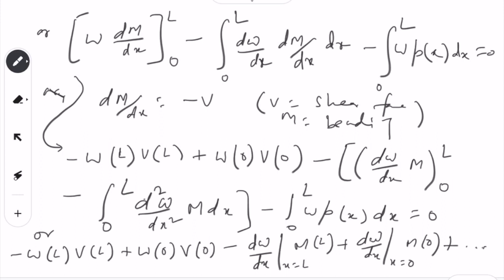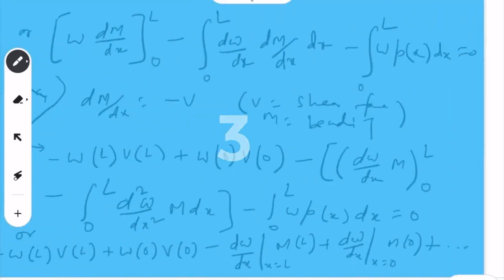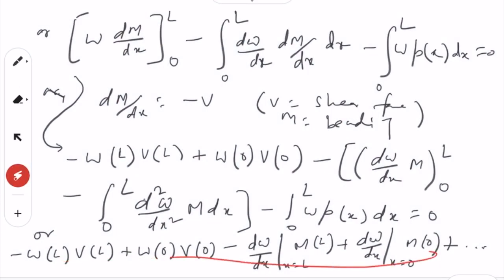So, we will continue that side. So, basically what is that? So, top. So, we have whatever we have here plus this one.